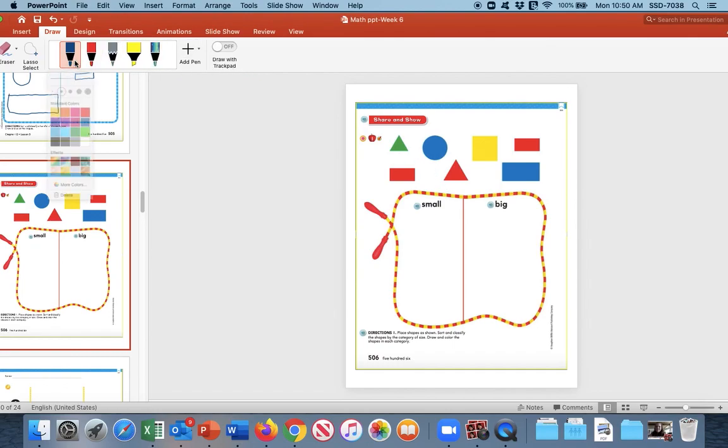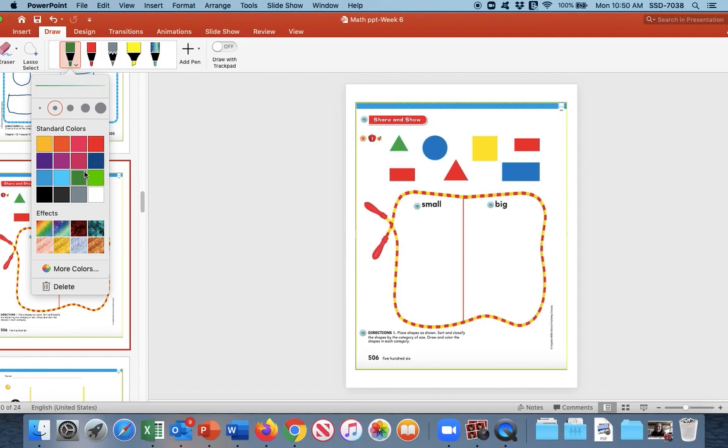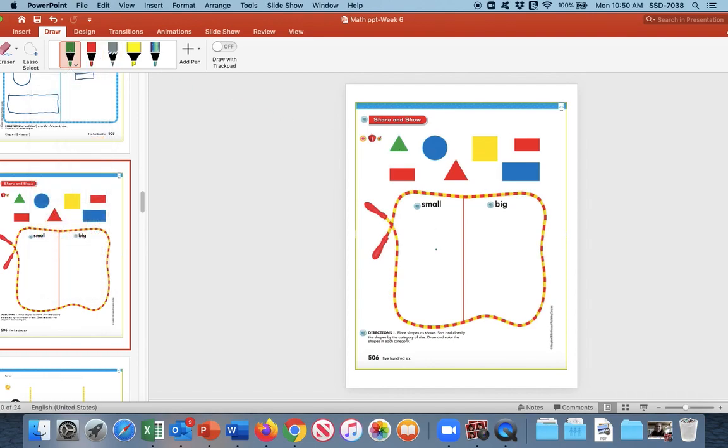So let's start with the green triangle. And you have to decide, okay, where does the triangle go? Does it go on the small side or the big side? And the best way for you to figure it out is look at the other triangle. Since this one is larger, then we know this one is the small one.